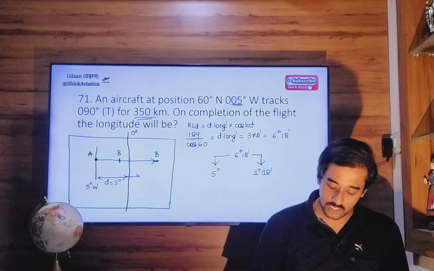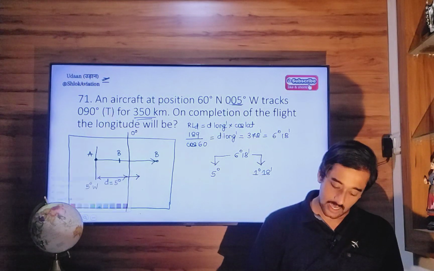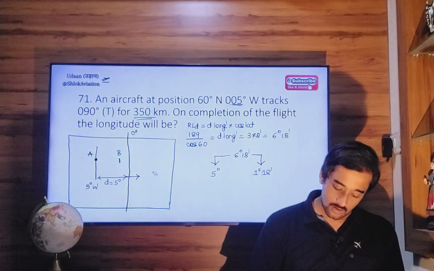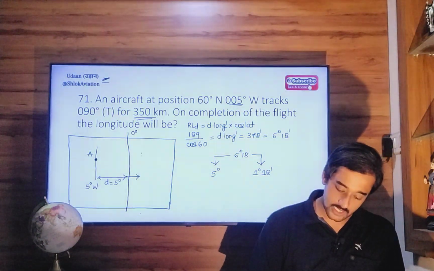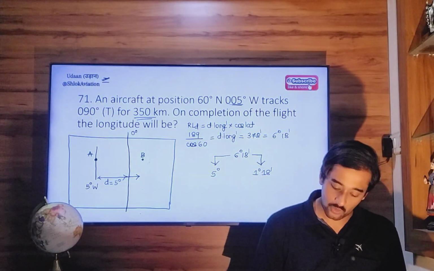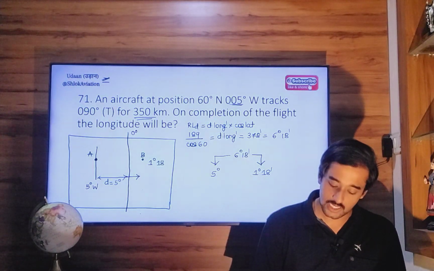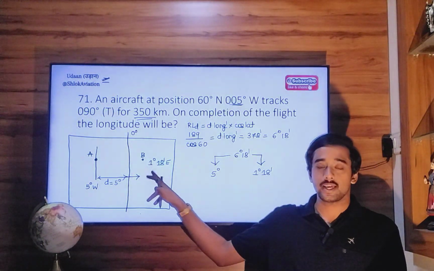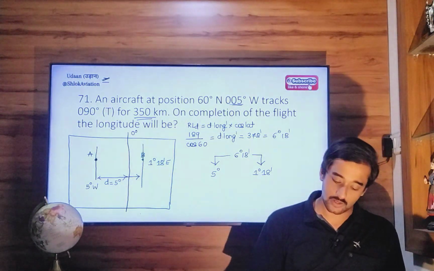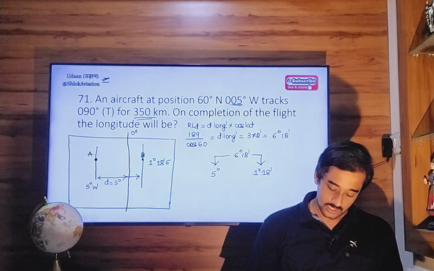So your new longitude at Bravo is 1 degree 18 minutes east. This is the longitude.